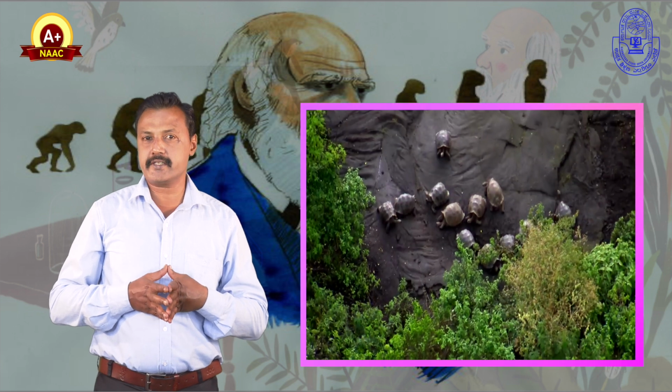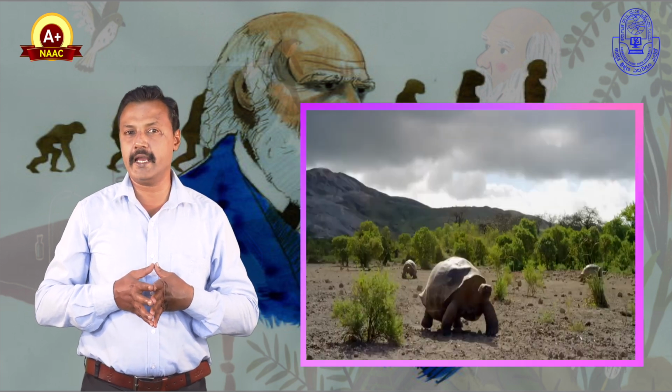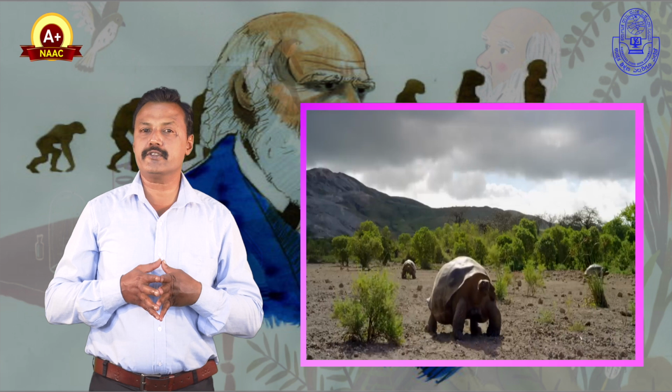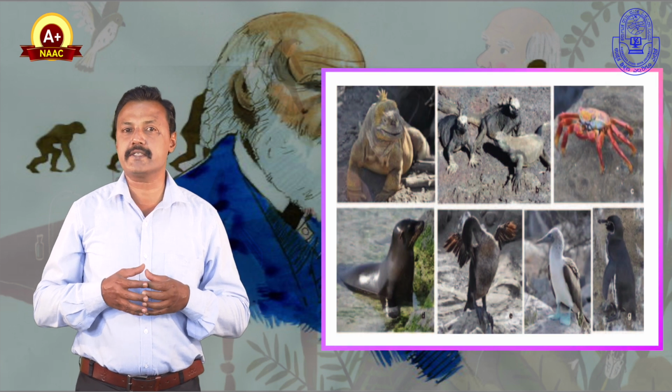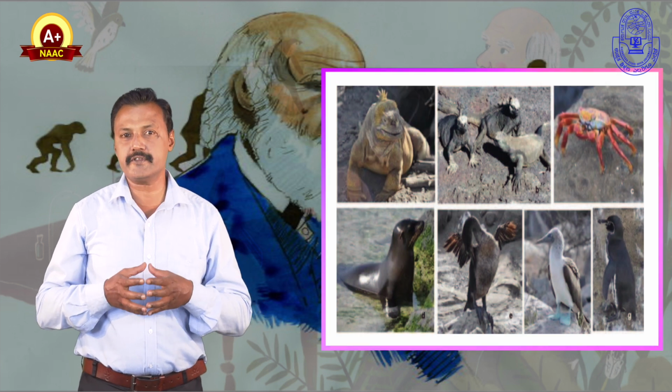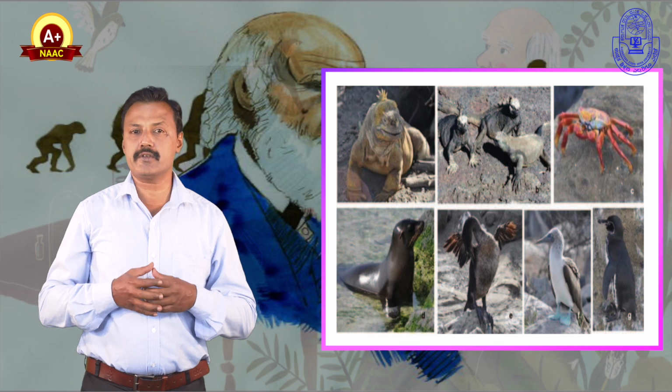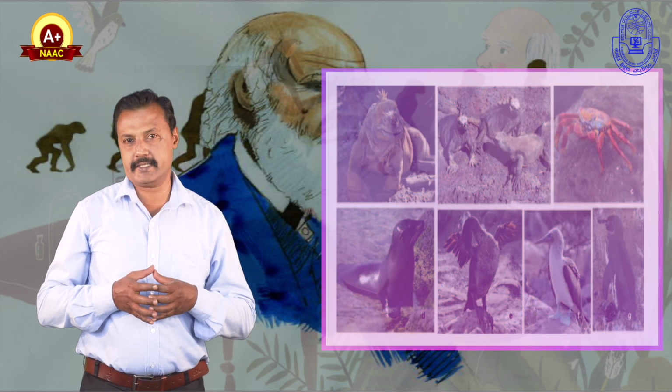Darwin mentioned that the giant tortoises found on the different islets of the Galapagos were so different that one could easily identify from which island a tortoise had come. The Galapagos Islands also have several important animals like iguanas, as well as coral reefs and the presence of armadillos.